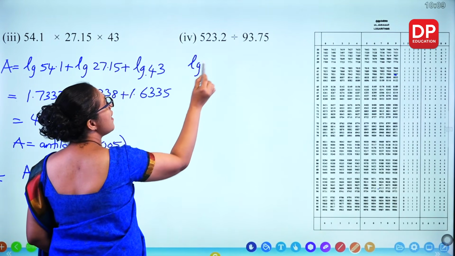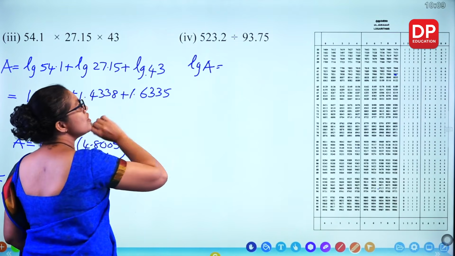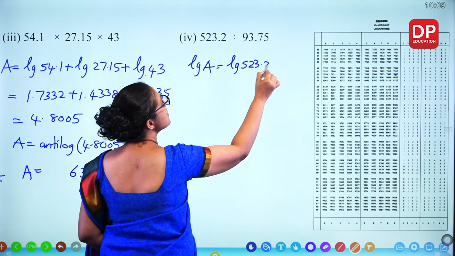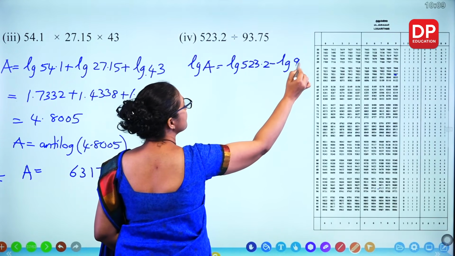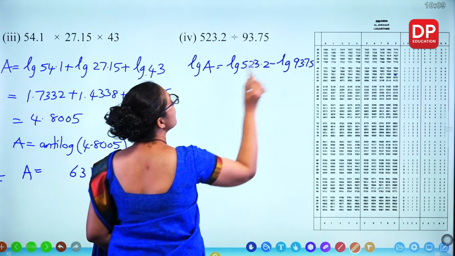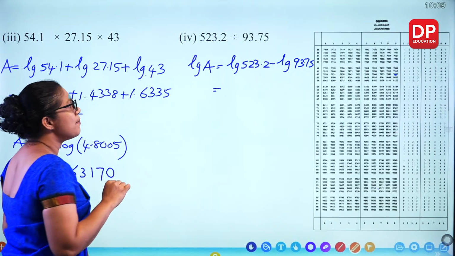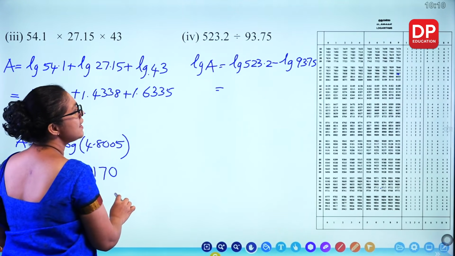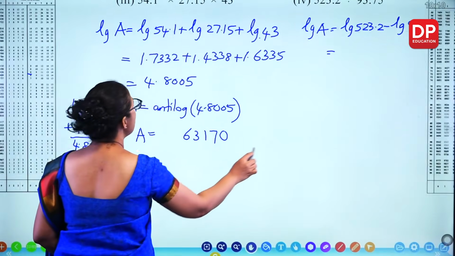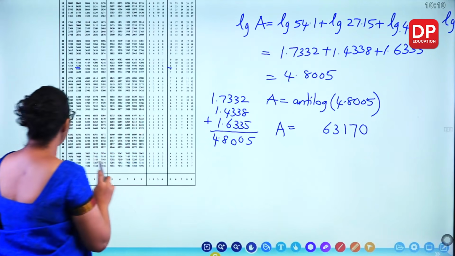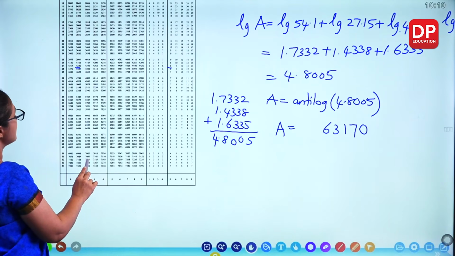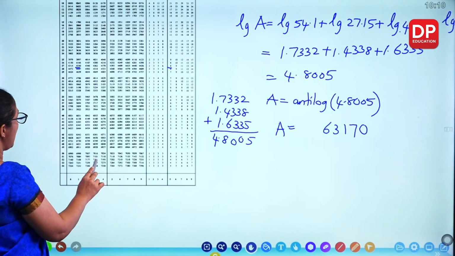Straight away I can write down log A is the subtraction of logarithms. Now refer the table 5232 and 9375. 5232. 52 3 is this one, and 2. 2 is 2.